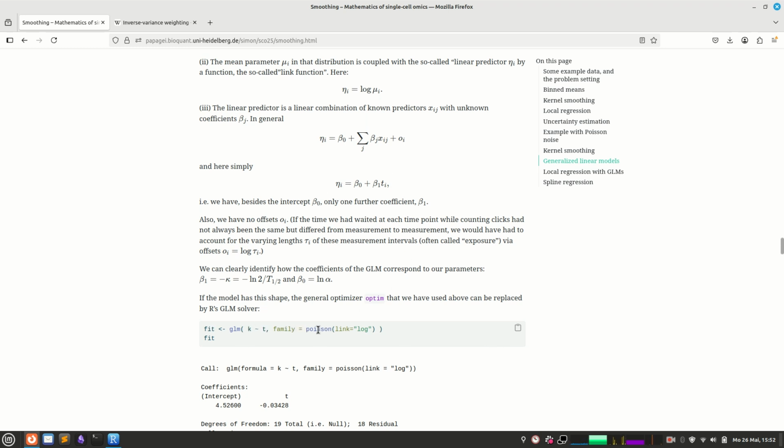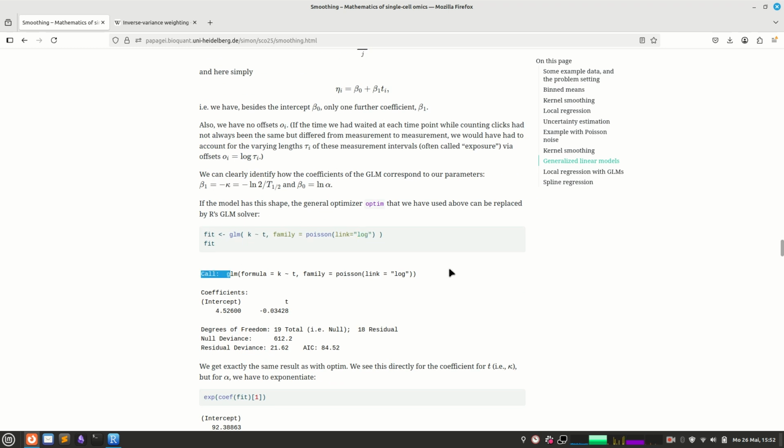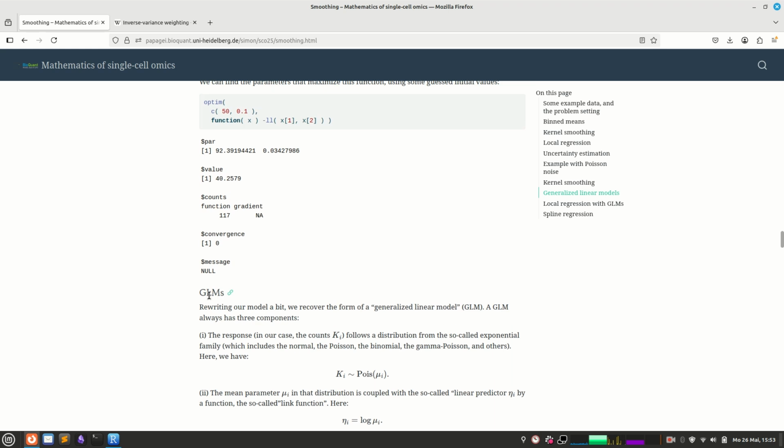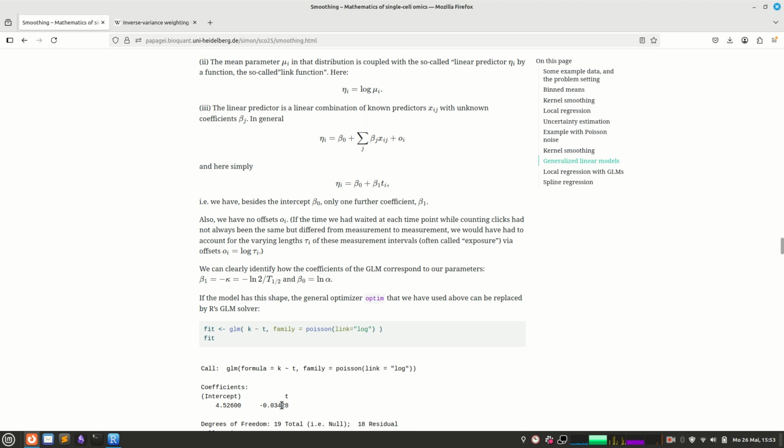And we tell it the GLM family, which is always a specification of the probability distribution, Poisson, and the link function, which is in our case the logarithm. And if I call it with this, you see here the coefficient is 4. It returns exactly the same values as before, 0.03427, 0.03427.